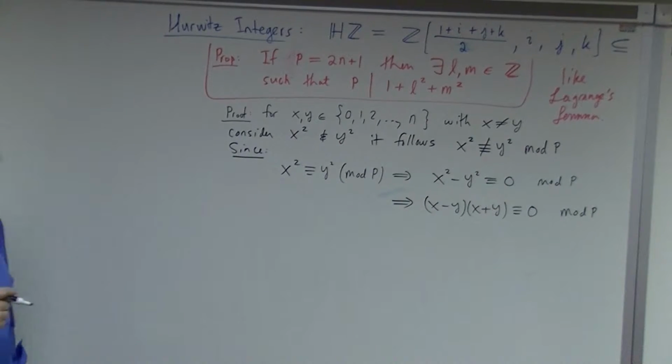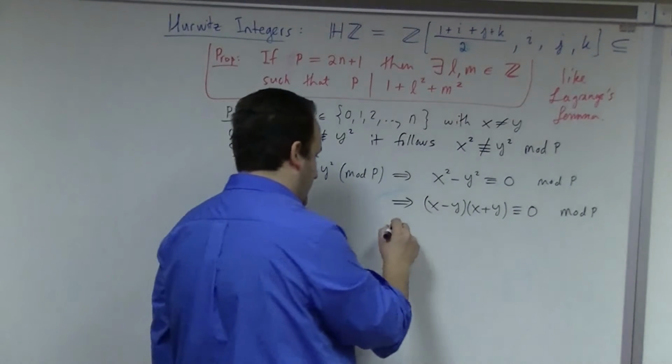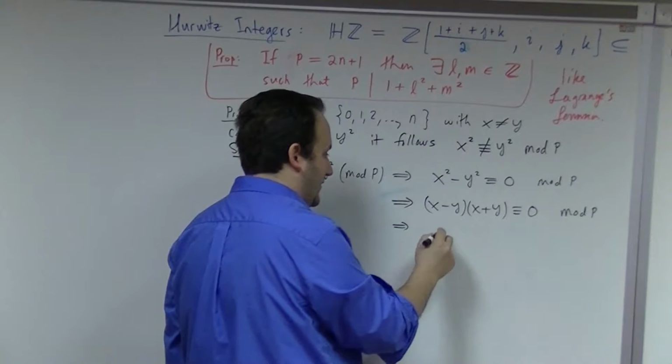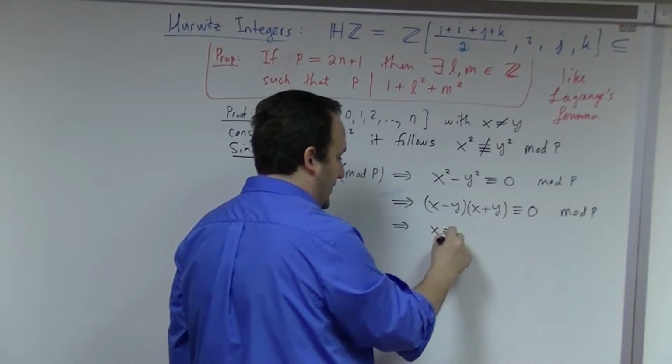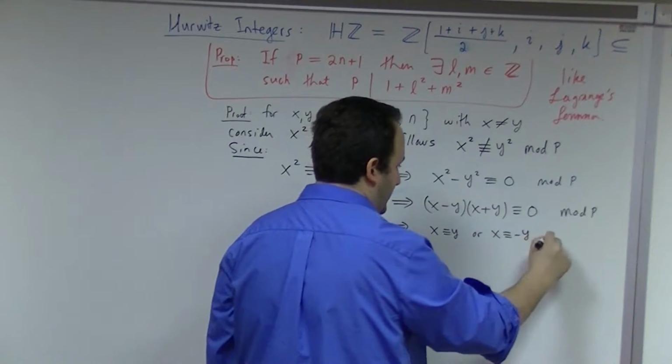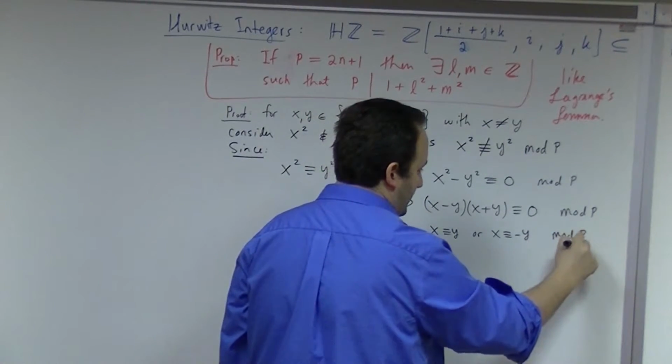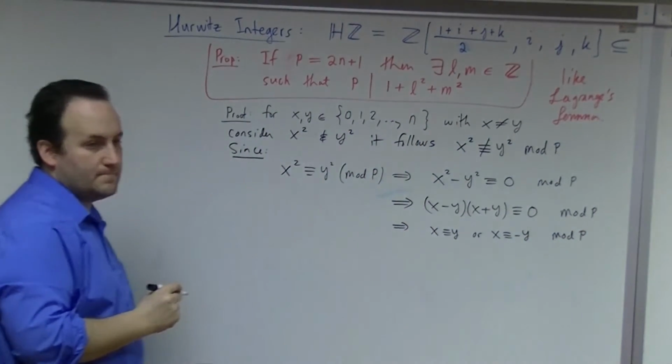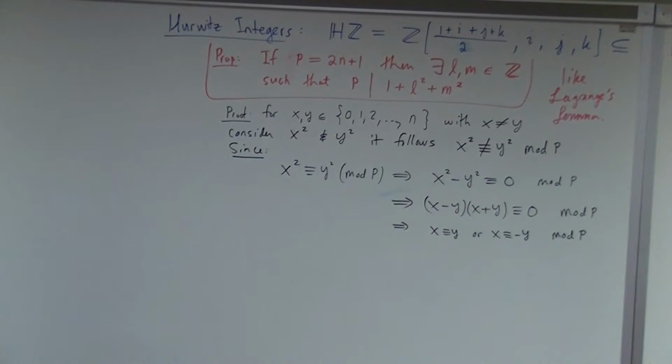And then what? Well, this means that either x is congruent to y, or x is congruent to minus y mod p, right? However, what's p?